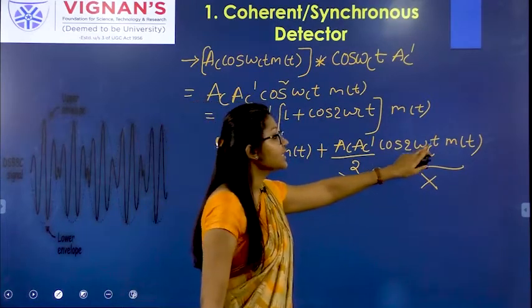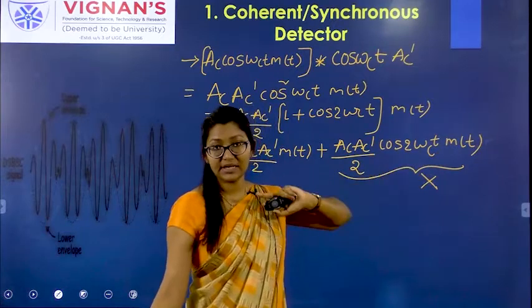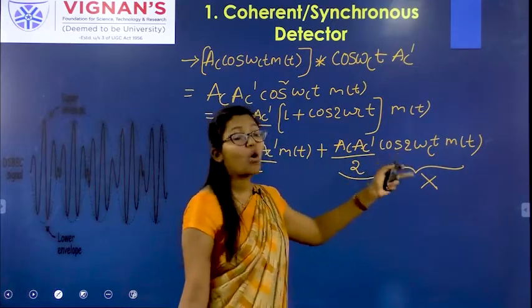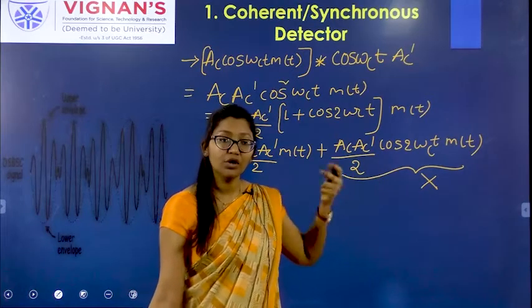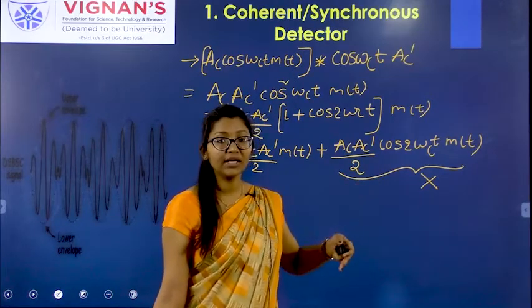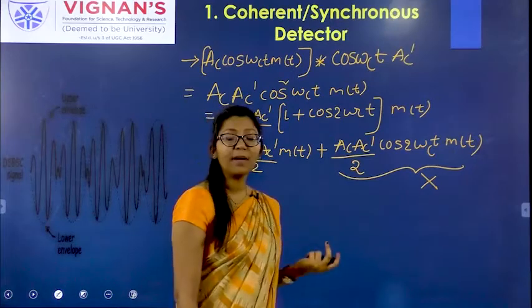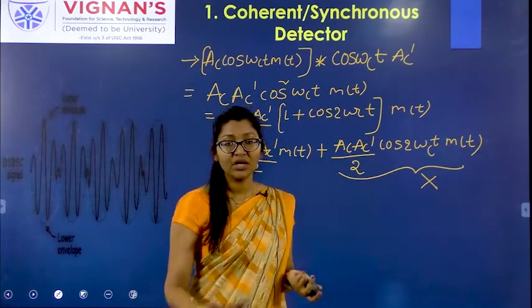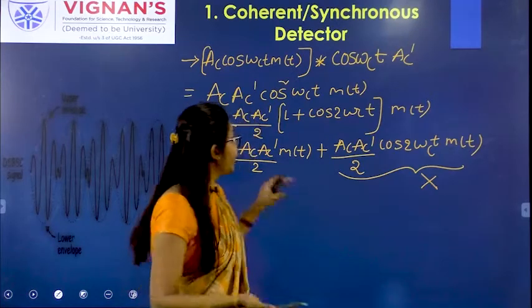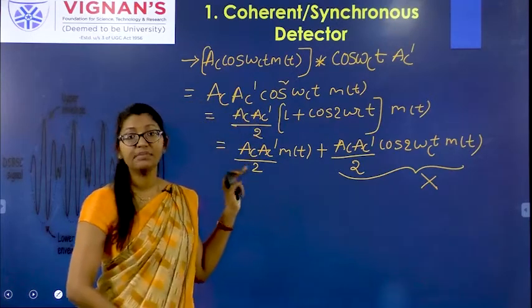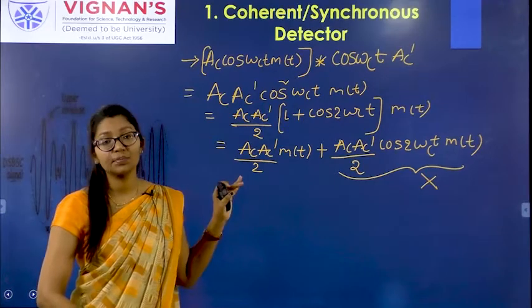Normally omega c into m of t means fc plus fm you will get, but here cos 2 omega ct, 2 omega ct means 2 fc plus fm, 2 fc minus fm you will get. Our actual band is only fc plus fm, it is 2 fc plus fm. So this is higher frequency. We need only fm, right? You have to retrieve back your message signal.